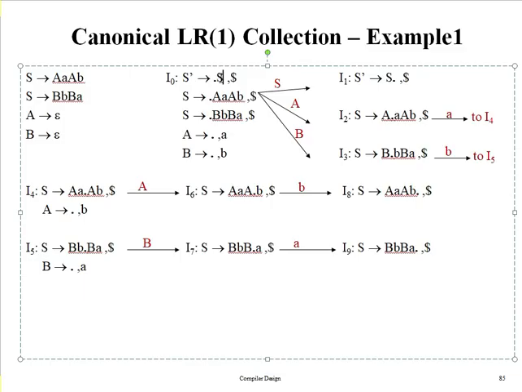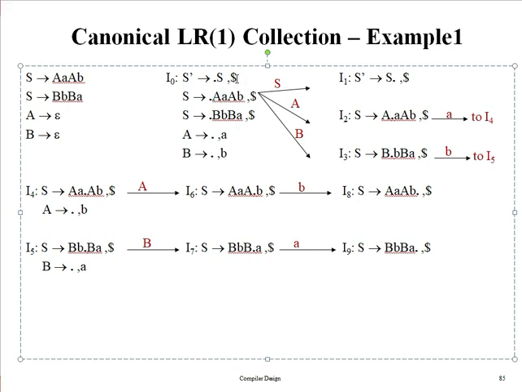Then, in the same way, applying the closure operation, we add the production rules of S into I0 because of the non-terminal S after the dot operator.